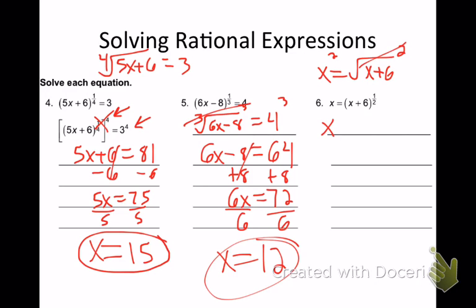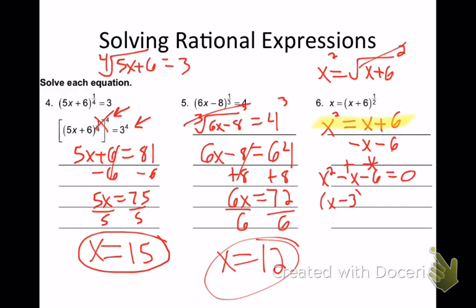I get x squared equals x plus 6. I have a quadratic now. When I have a quadratic, I always want to set it equal to what? 0. So I subtract x, subtract 6 over. X squared minus x minus 6 equals 0. Now I need to factor. So what multiplies to get negative 6 and adds to get negative 1?